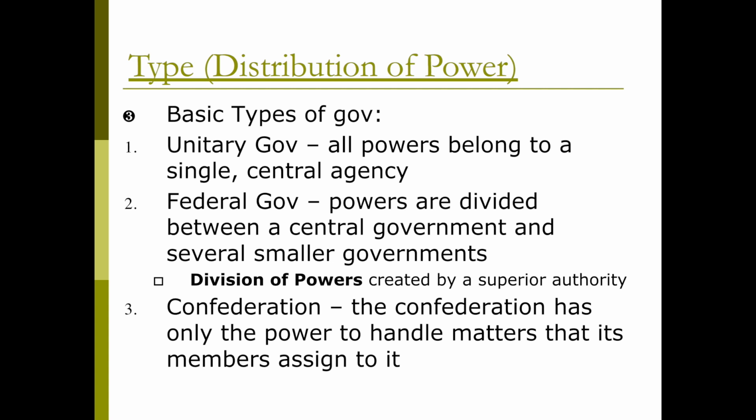And these states, think back to the last PowerPoint, were really more like countries, where they only come together when they designate it: if there's an economic crisis, if there is a threat to their national security, whatever it is, then they band together and handle those matters in a way that they see fit. Outside of that, they operate, for the most part, independently. That's what a confederacy really does. It allows these states to have a lot more independence than they would under a federal government.